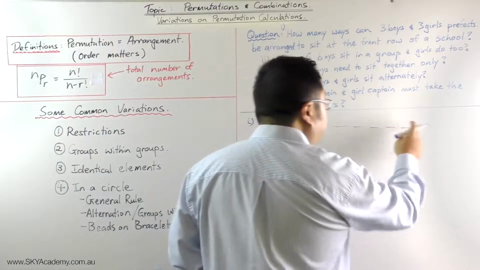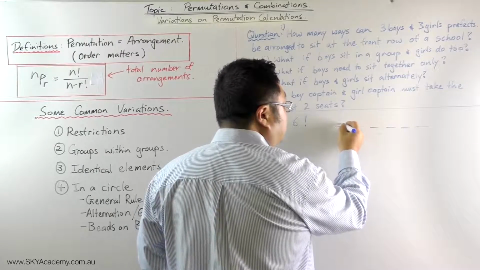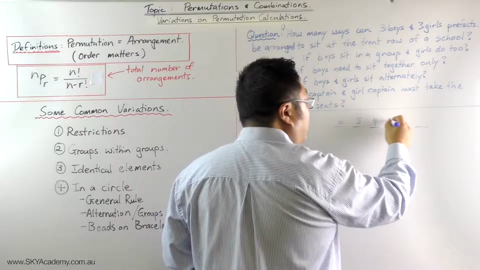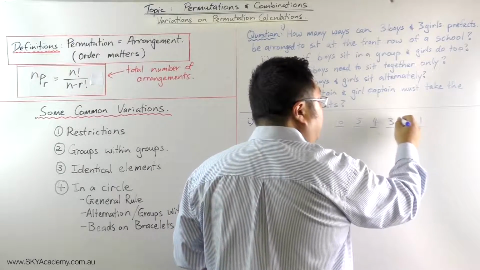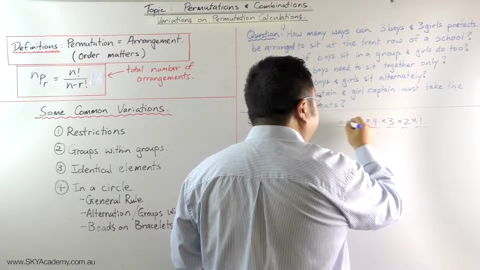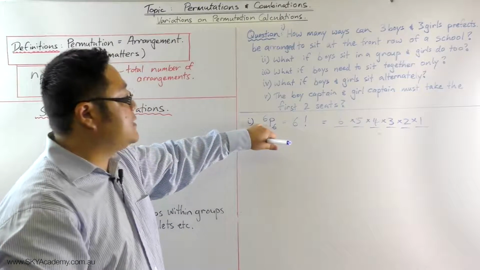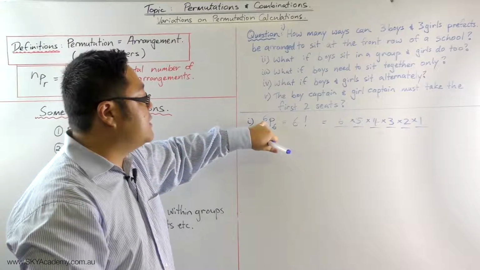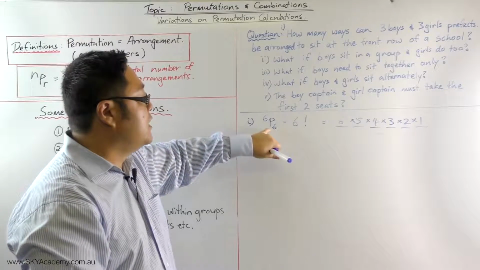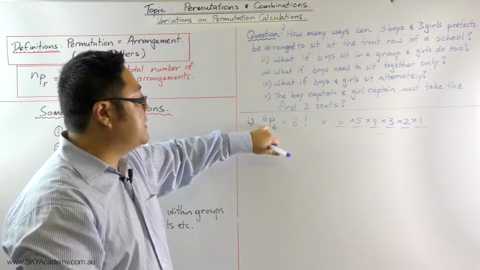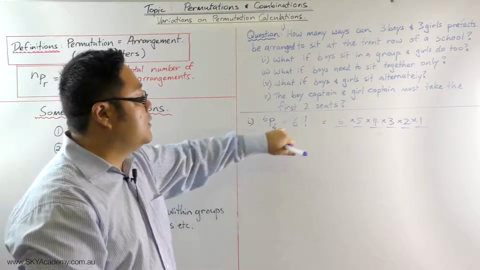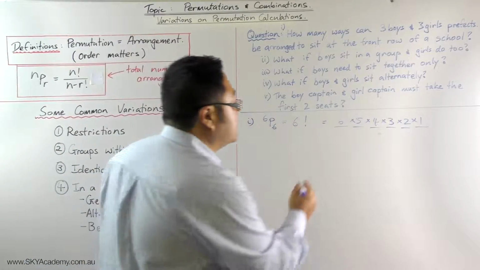You've got 6 prefects, so you can fill the first position with 6, the second position with 5, 4, 3, 2, 1, and then we blast off, right? So you've got 6 P6. In other words, you've got the permutation of choosing 6 from 6 people, which is exactly the same as 6 factorial.